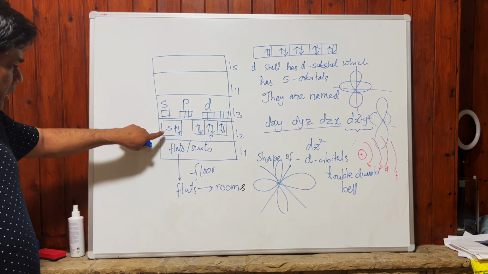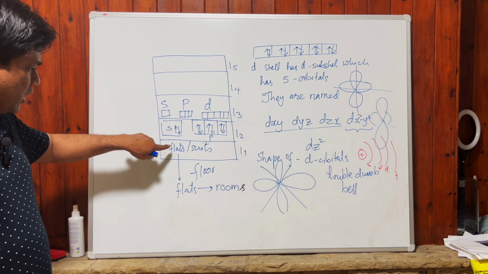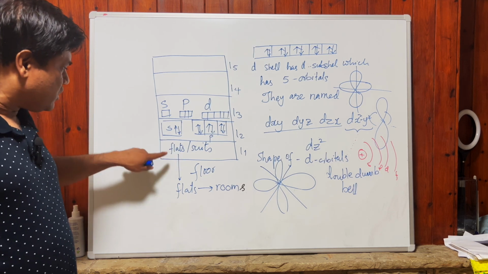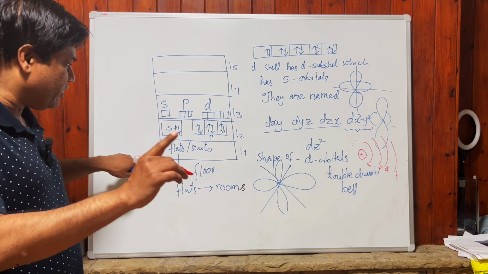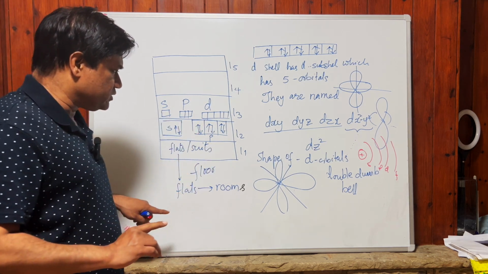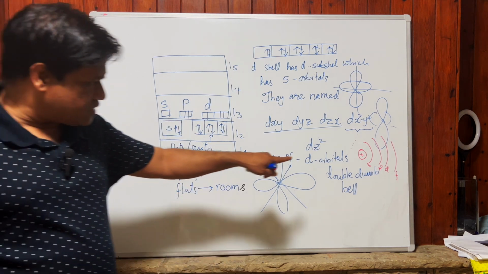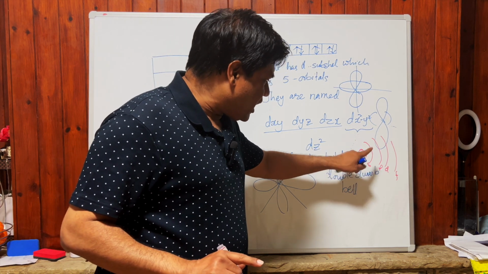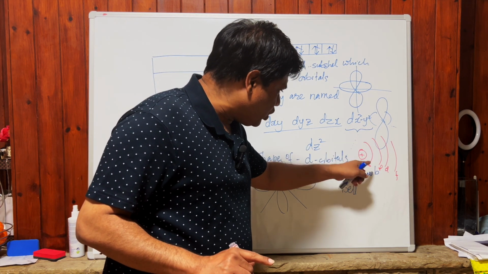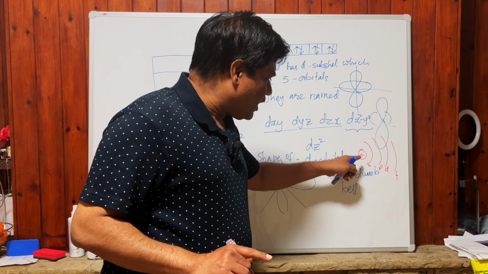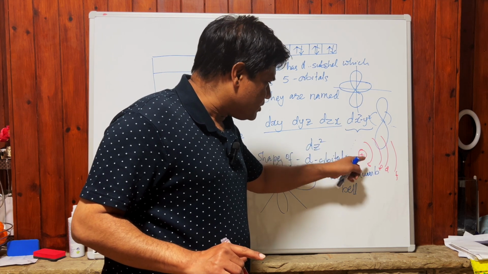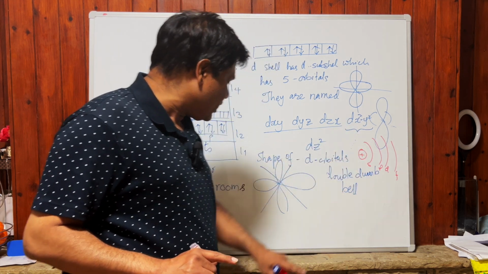Each floor, as I said, has flats or suites. Level 1 has only the s subshell, and the s subshell has only one orbital, which can hold a maximum of 2 electrons or a minimum of 1 electron.